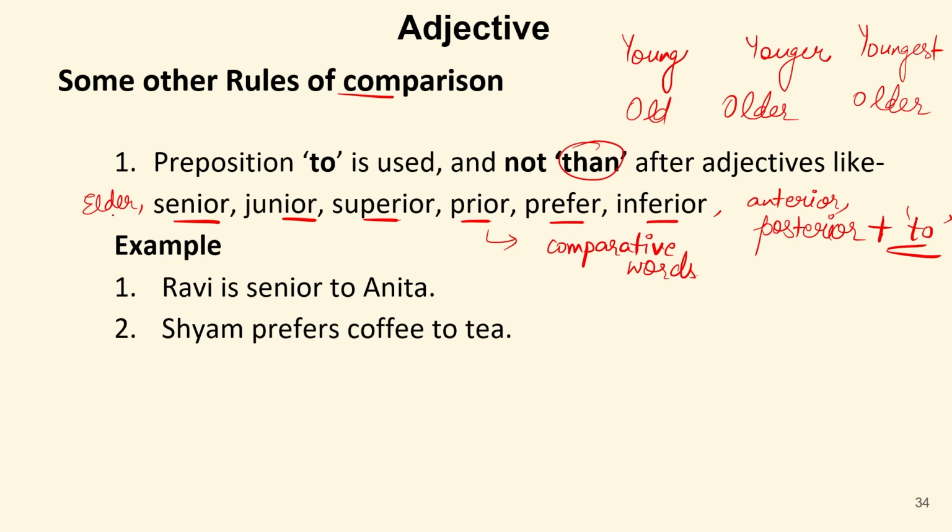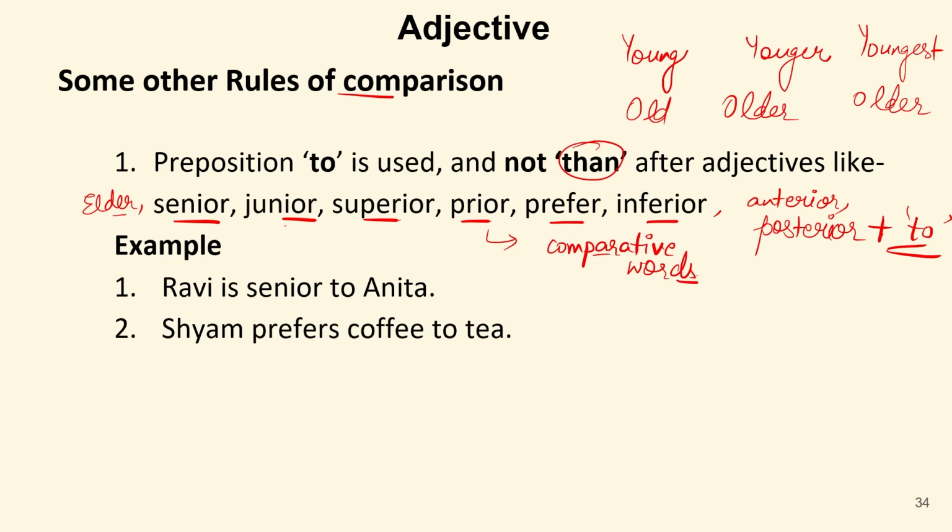But in case of elder, senior, junior, and so on, whichever the word we are seeing over here, can we have any positive degree of any of these words? No. We do not have any positive degree of senior. We do not have any positive degree of junior. We do not have any positive degree of the word superior. Therefore, these are called comparative words and not comparative degrees.